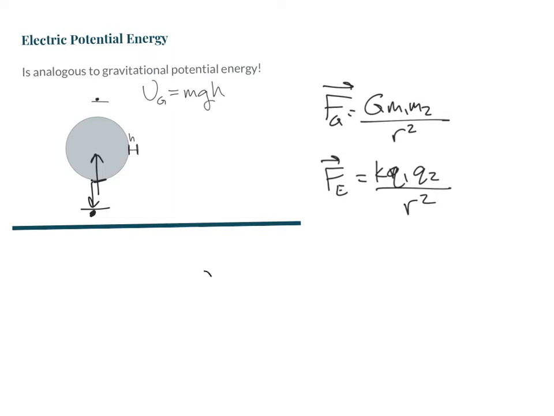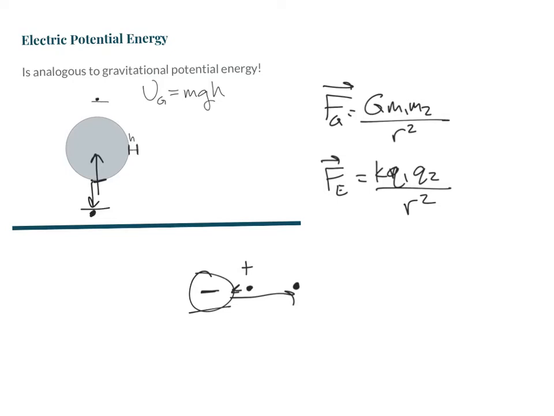Consider a negative point charge and a positive test charge, starting right here. The negative charge is going to pull on the positive charge. So if we move that charge away, we give it some potential energy, because our point charge is going to try to pull it back. So that's one way to generate electric potential energy.